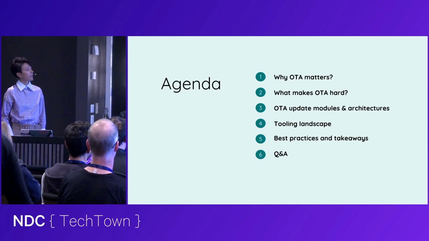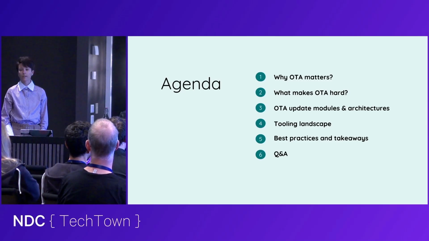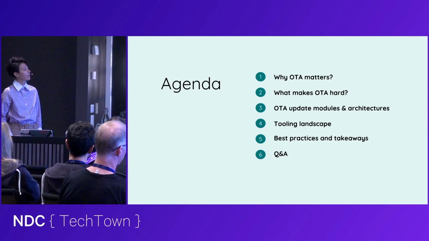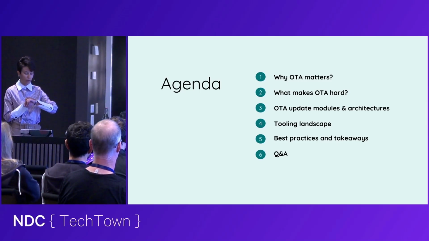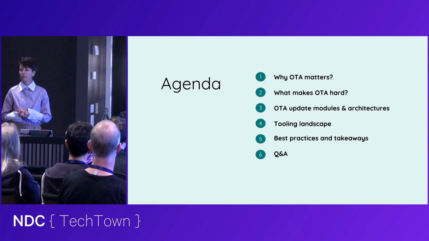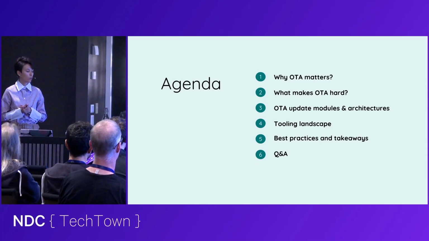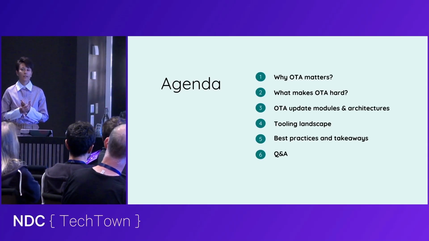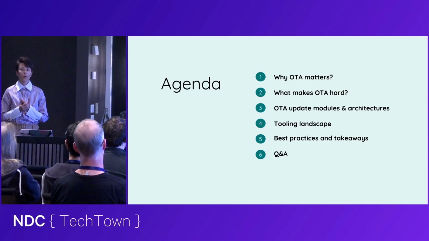I will finish my presentation with best practices and takeaways, and hopefully we'll have some time for questions in the end. Okay, if I wanted you to remember one thing from this talk, it would be how important OTAs are in the industry and how overlooked that topic often is.